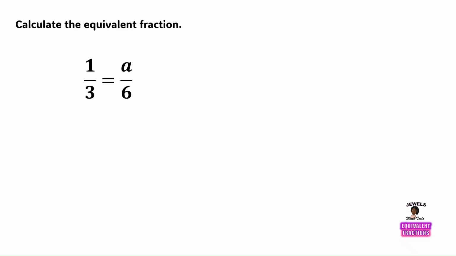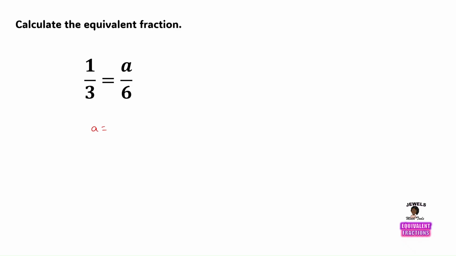But we are going to go through our calculations and I'll also show you how you can check your answer afterwards. So let's go. We're using a to represent that value that we're unaware of that's in our numerator. So because 3 and 6 are both numbers given in the denominator, I'm going to look at the relationship between 3 and 6 and how we change from 3 to 6 using multiplication.